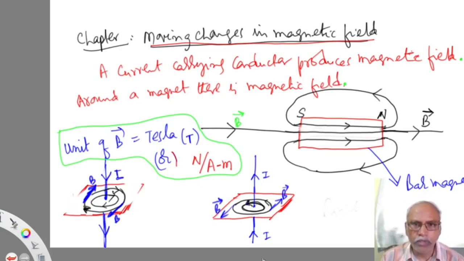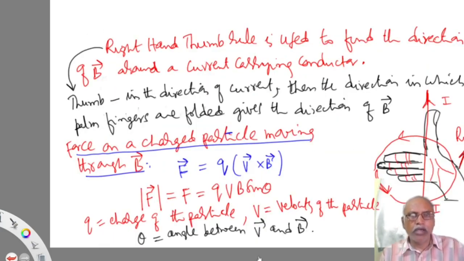Next we did how to find the direction of magnetic field around a current carrying conductor. The direction of magnetic field you can find by the right hand palm rule, and you have to keep the right hand thumb in the direction of current.